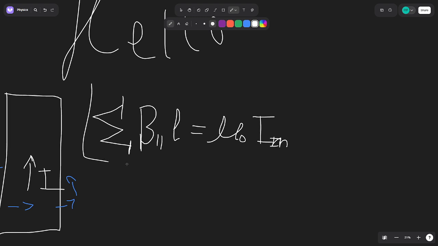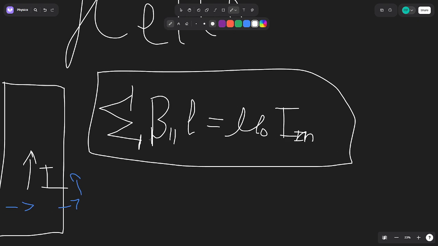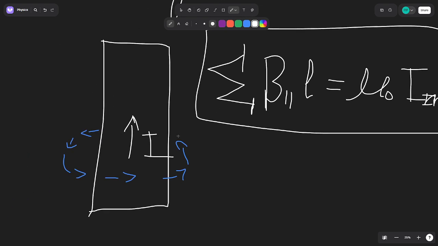This is the general formula of Ampere's law, which states that the sum of the magnetic field and the distance where the magnetic field travels equals the permeability of free space times the total electric current passing through the surface bounded by a loop, like this loop.